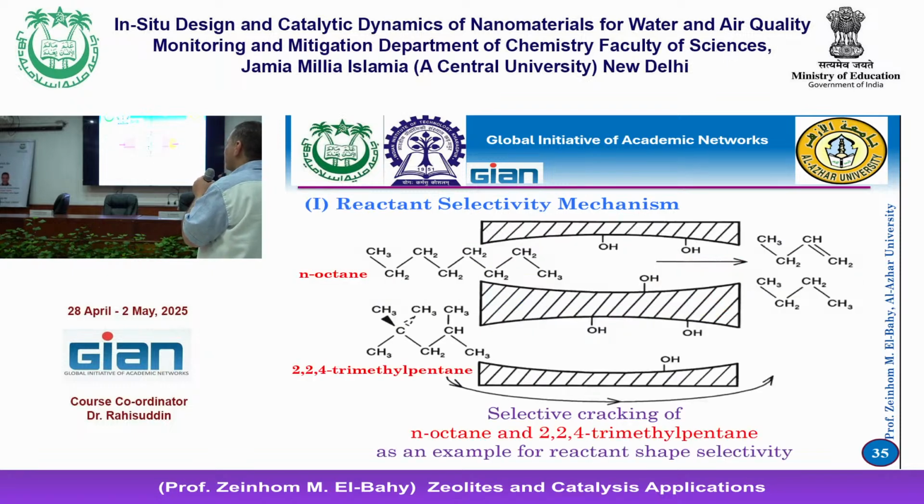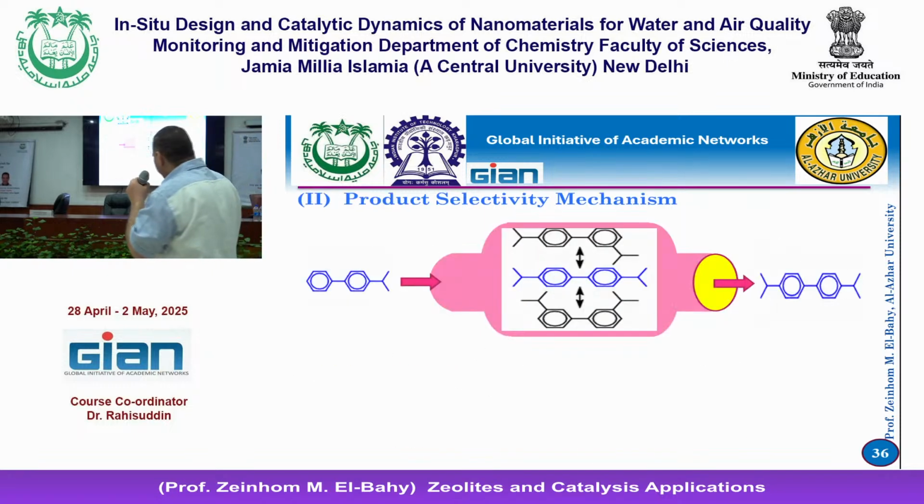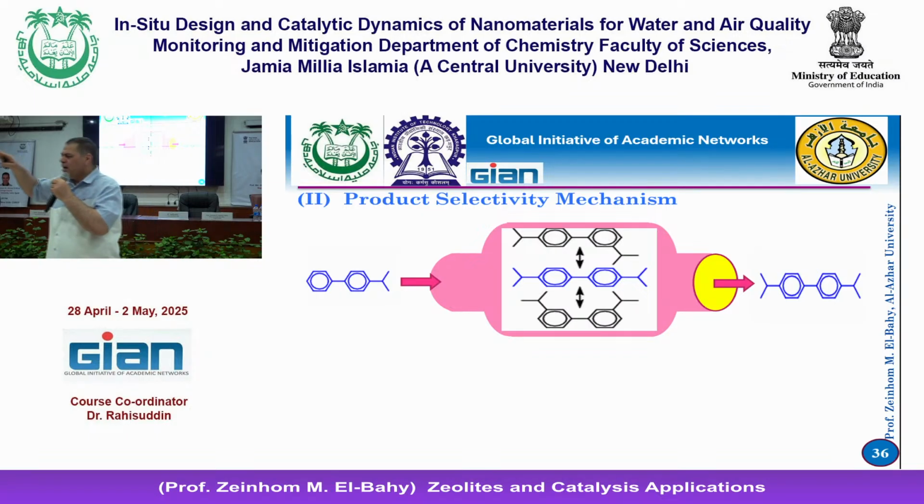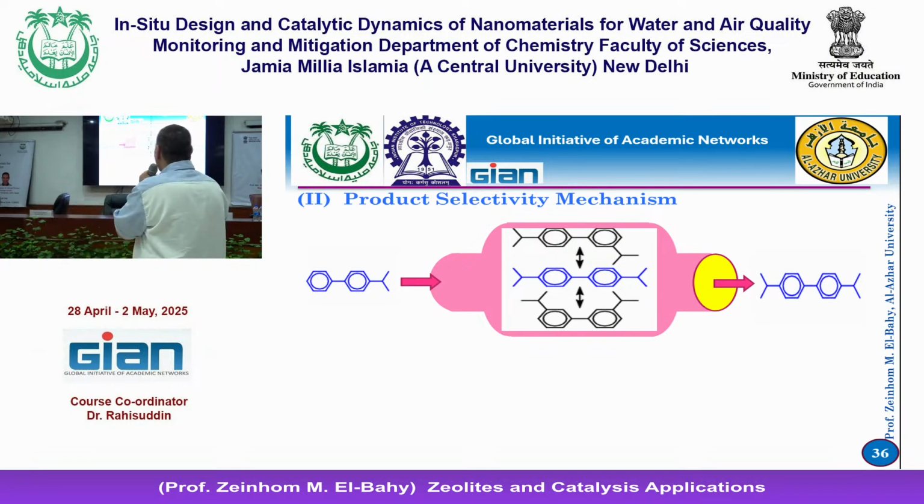What about product selectivity? If this reactant entered inside and it could form the para or meta products, which one will leave the reaction medium, and which one will we obtain?